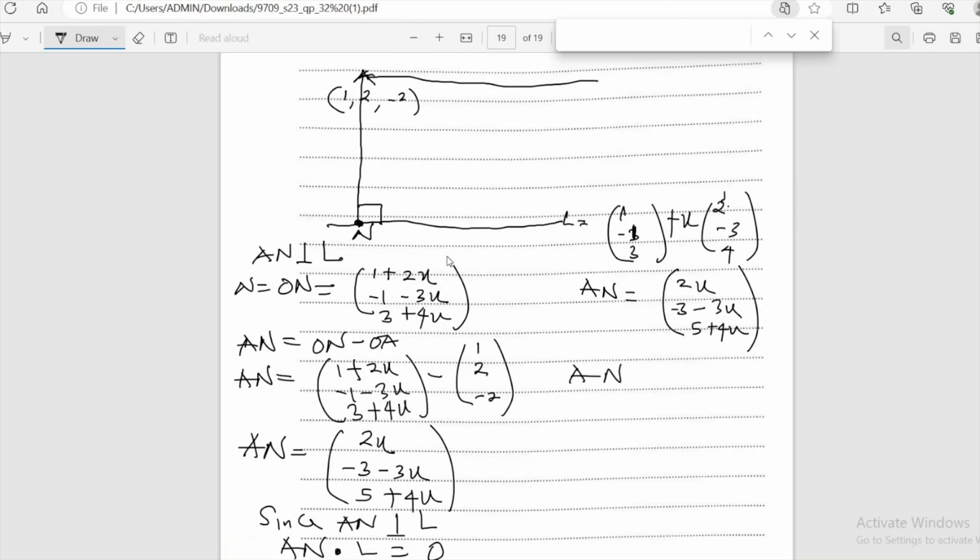So AN will be minus 2, then minus 3 minus 3 mu, which is minus 3 plus 3.